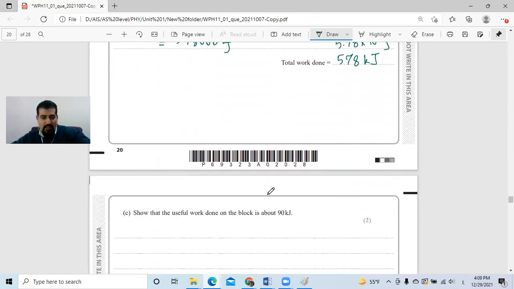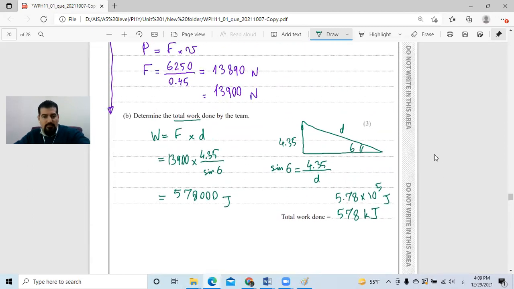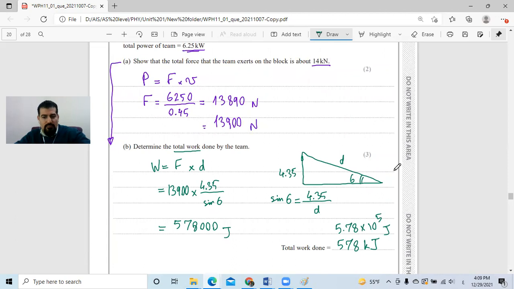Now what they say: show that the useful work of the block is about how much? 90 kilojoule. What do we mean by this 90 kilojoule?